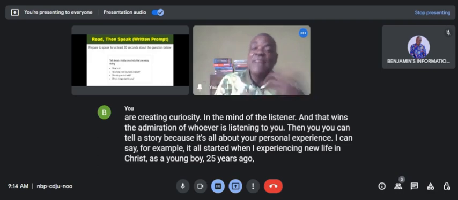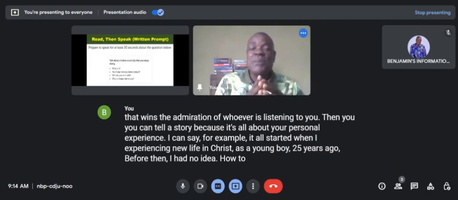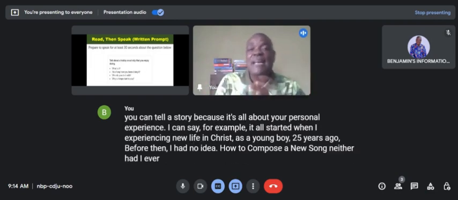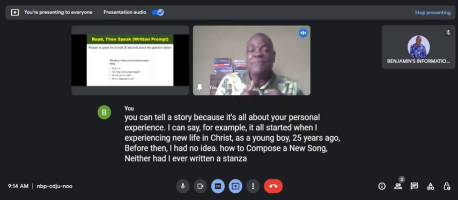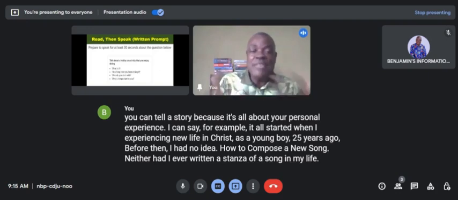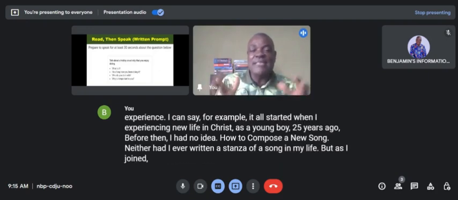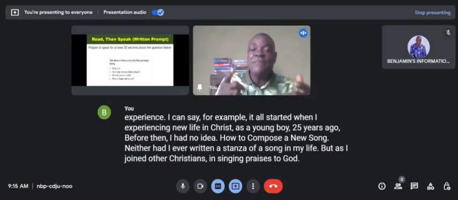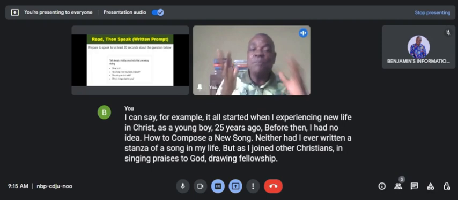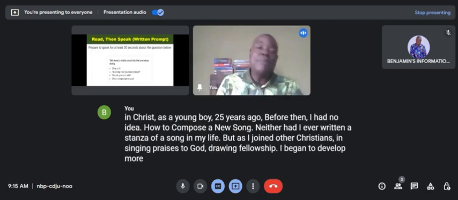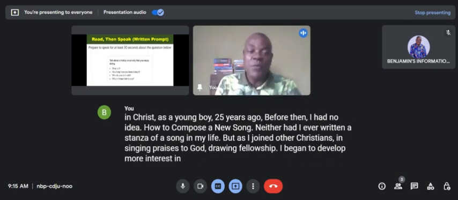Before then, I had no idea how to compose a new song, neither had I ever written a stanza of a song in my life. But as I joined other Christians in singing praises to God during fellowship, I began to develop more interest in singing praises to God.